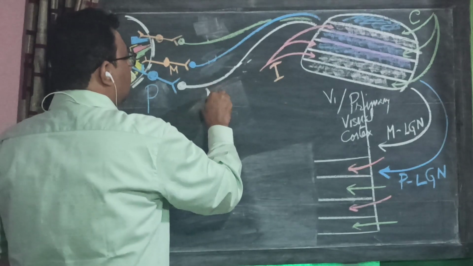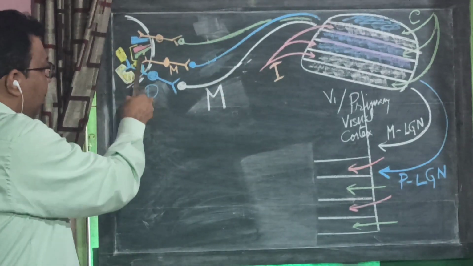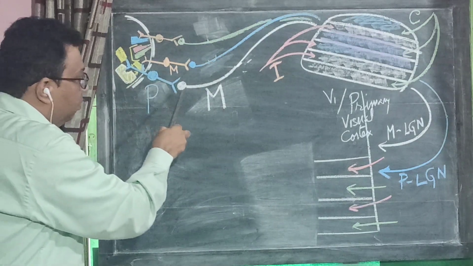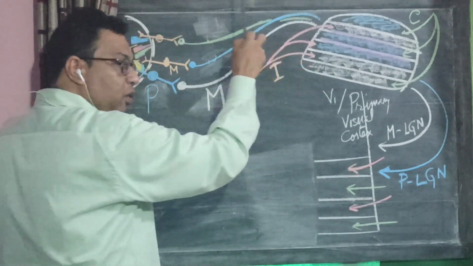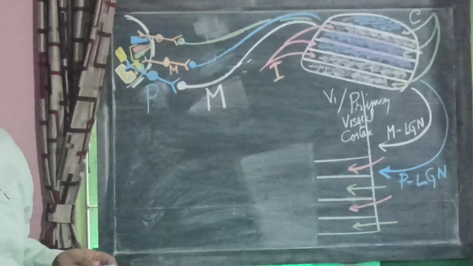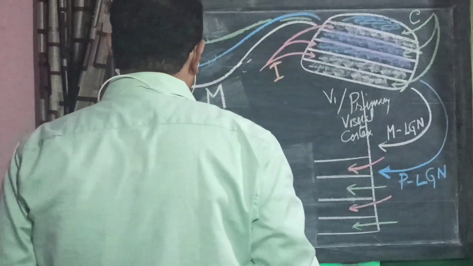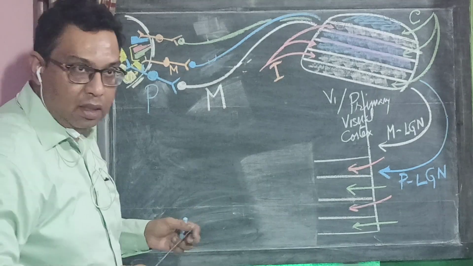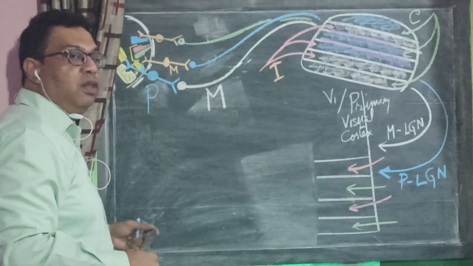So, collecting light from many rods, this will be contributing to the formation of the magnocellular pathway. This pathway is sensitive to light. This is sensitive to motion, and the pathway is very fast.